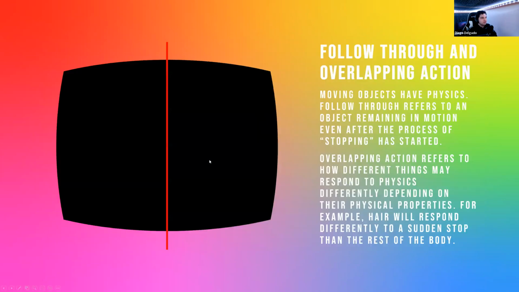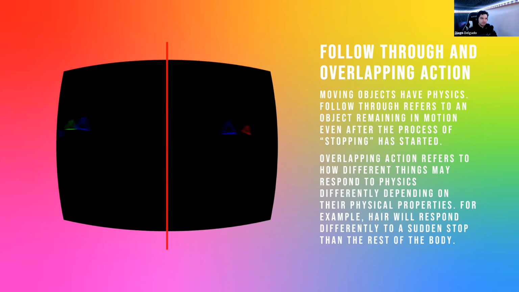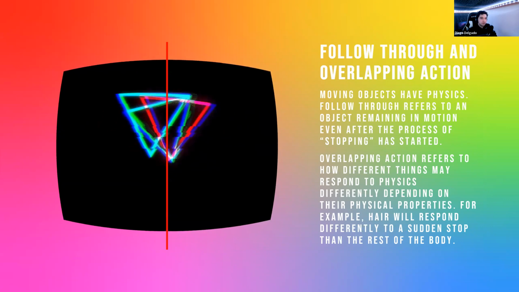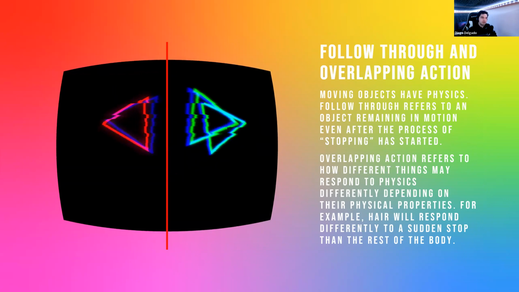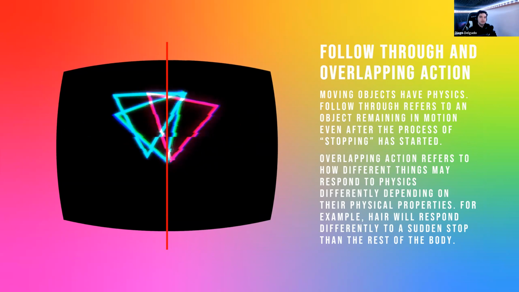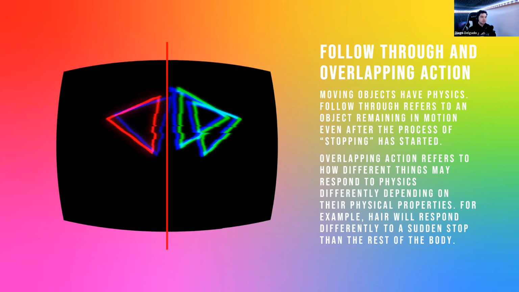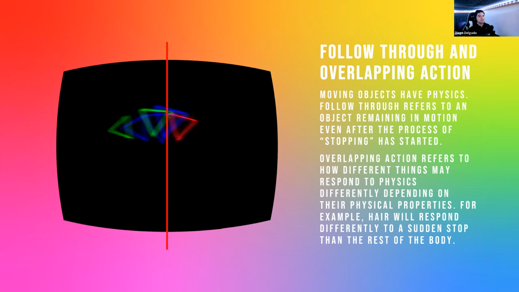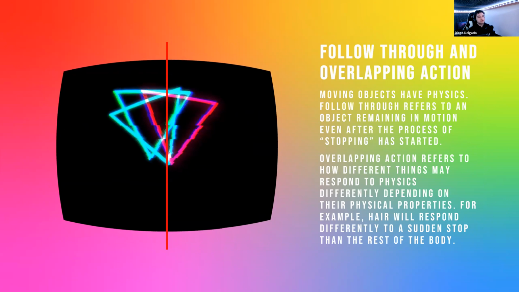All right, so moving on, we have follow through and overlapping actions. So in real life, moving objects have physics. Follow through refers to an object remaining in motion even after the process of stopping has started. So things don't actually stop instantly. If you're in motion and you decide, okay, I want to come to a stop now, you don't just stop immediately. So that's what follow through is.